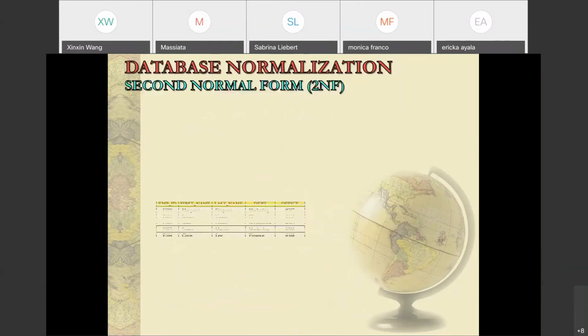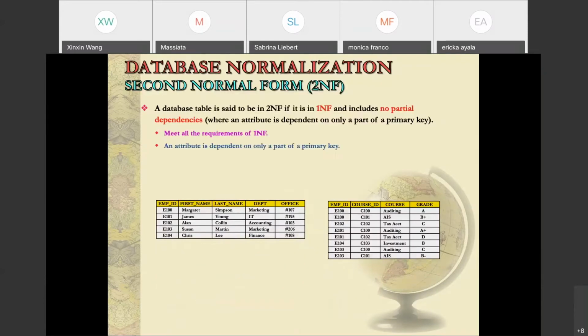After that, we do the second normal form, also called 2NF, right? So this is a database table that qualifies for the first normal form and includes no partial dependency, right?